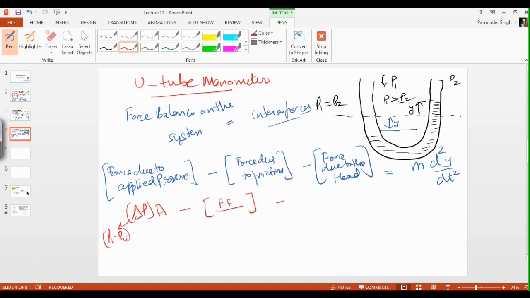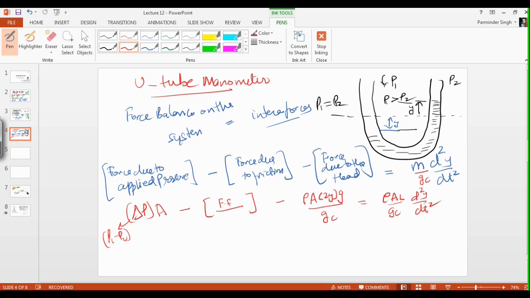Now force due to head will be rho into A times 2y into g divided by gc, and on the other side it is m by gc d square y by dt square, where m can also be written from the volumetric flow rate. AL is the volumetric flow rate, A is the cross sectional area, L is the length, and into density will give me the mass by gc, that is d square y by dt square.